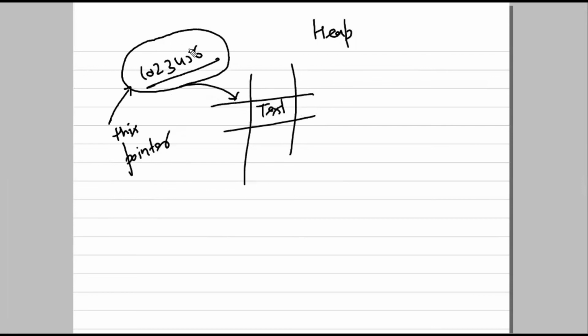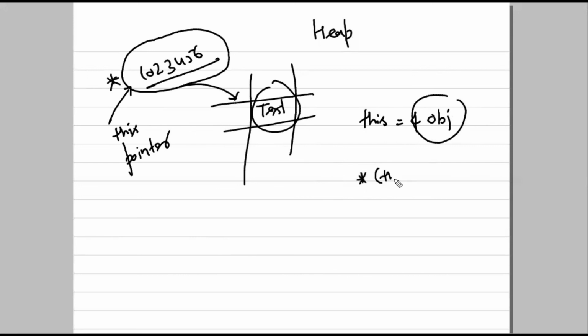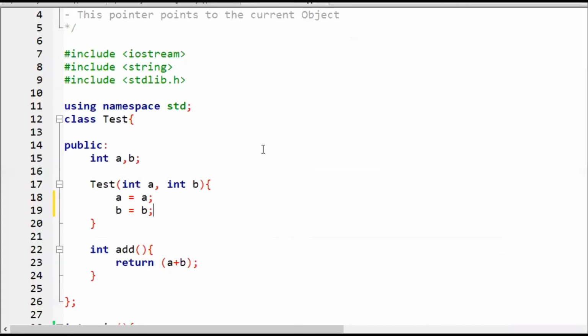Because if I know this, I can simply use the asterisk operator over this and get this object, right? So the this operator is like a simple pointer where we can store the address of something, or the object. Okay, that is the point. If I use asterisk with this, it would give me access to this object. That is what I was doing here.